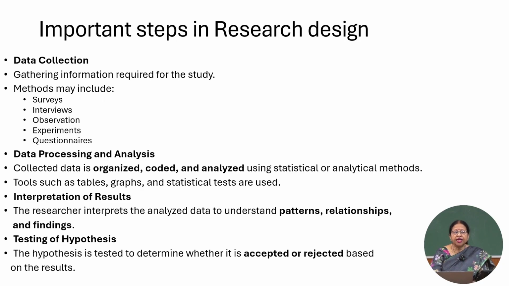Moving on, then we now try to dwell a little deeper. Data collection. Now, what are the different ways of data collection, and which one is going to be most appropriate for my research plan is what the researcher has to decide. Gathering information required for the study.